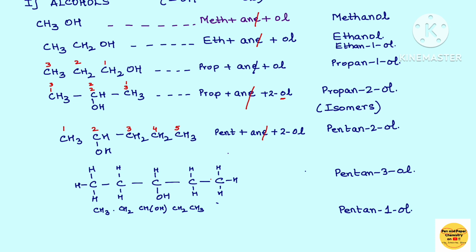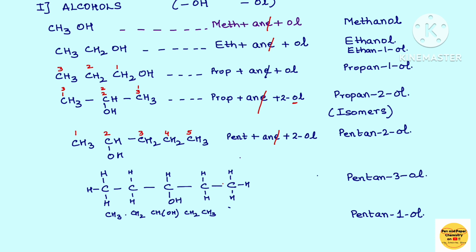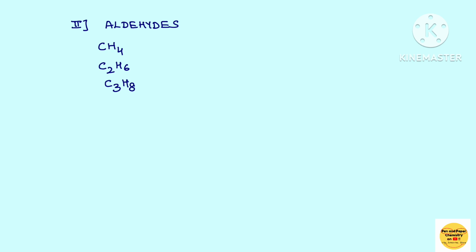So you've learned another thing today, and that is to draw the structural formula. One is you've been given the structure and you write the name. The reverse is called writing the structural formula, which we will practice even more as we go further to the next set of functional groups.